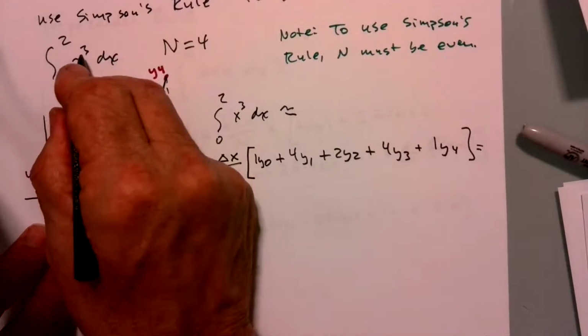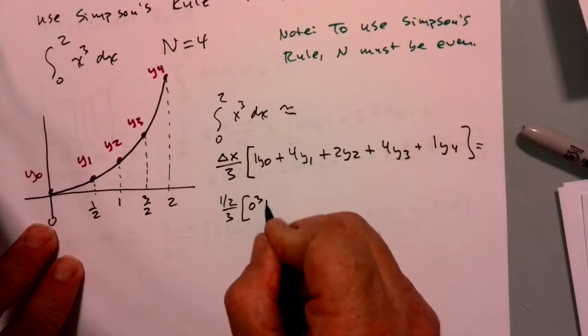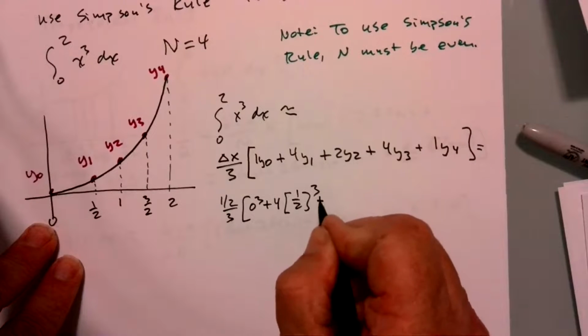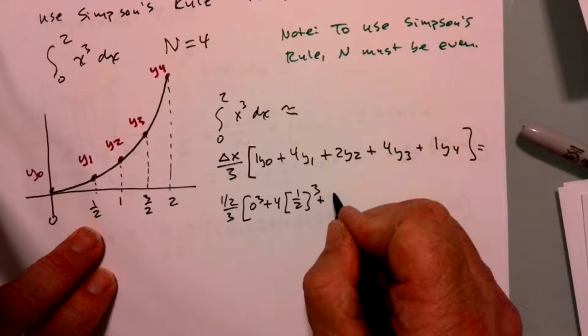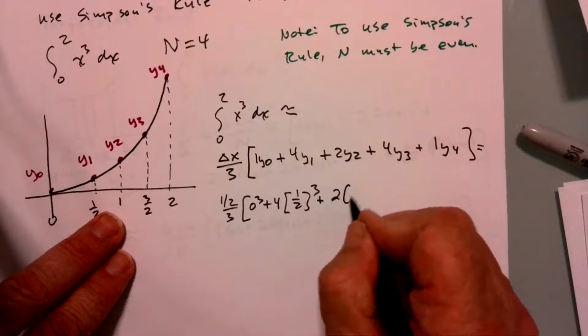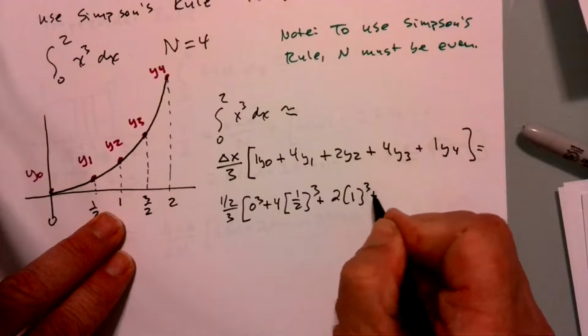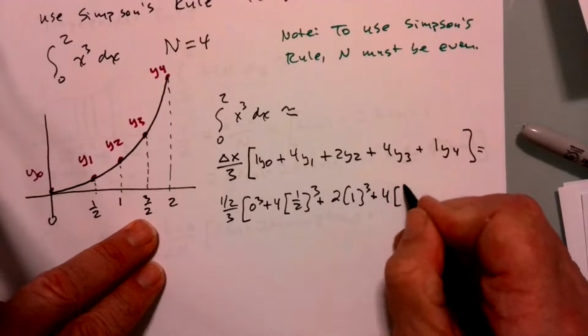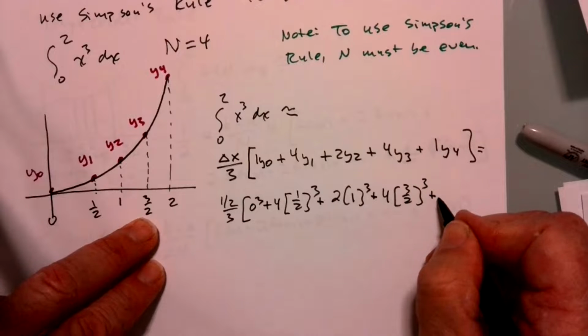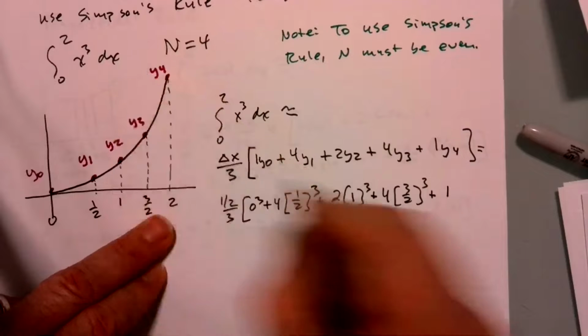Well, remember, the function is x cubed, so 0 cubed, plus 4 times 1/2 cubed, plus 2 times 1 cubed, plus 4 times 3/2 cubed, plus 1 y4 is 2 cubed.